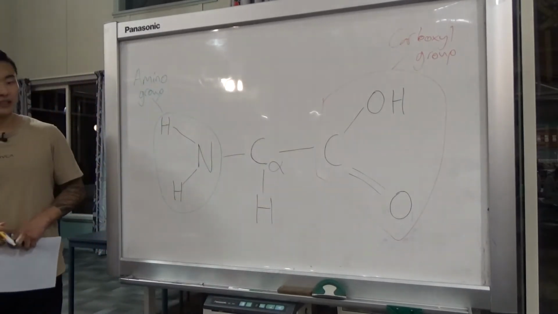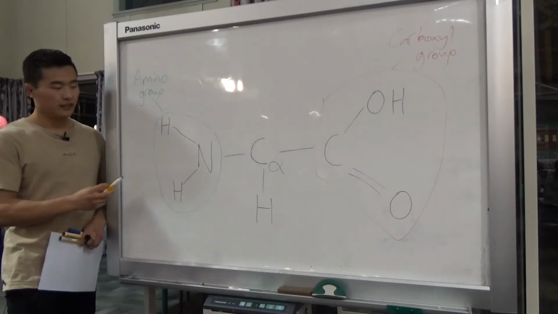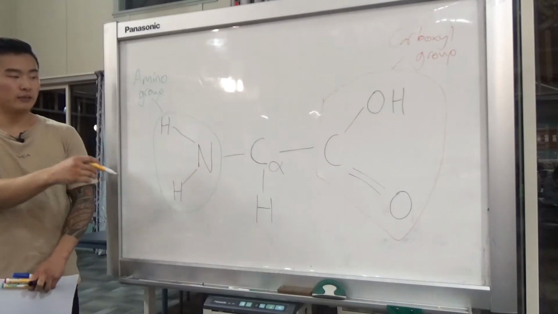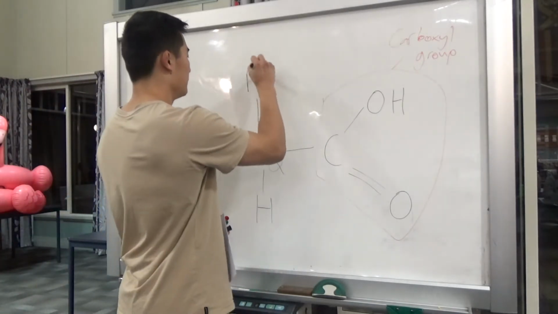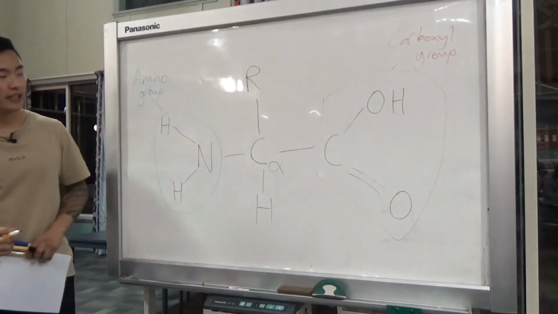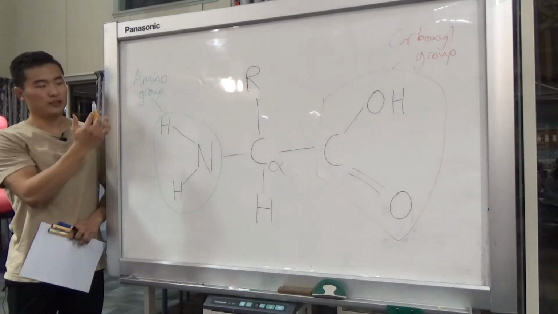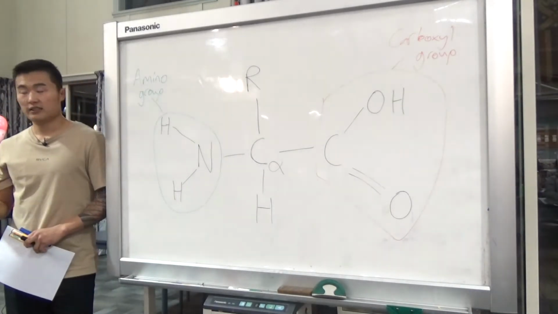In every amino acid, these 3 groups are always the same. But what's different is the R group. This R group could be anything, but this is the structure of your generic amino acid.